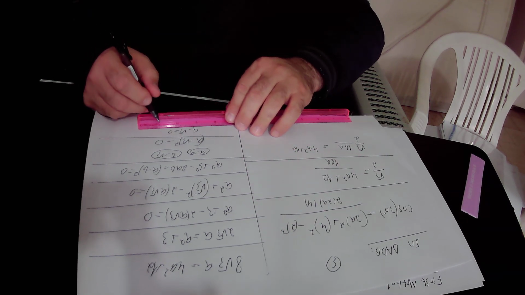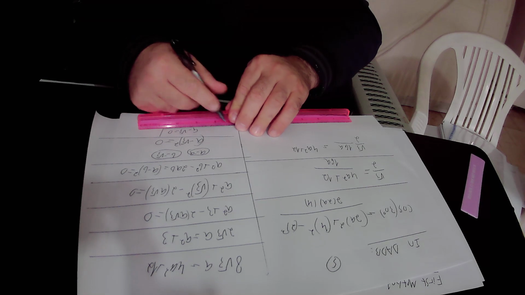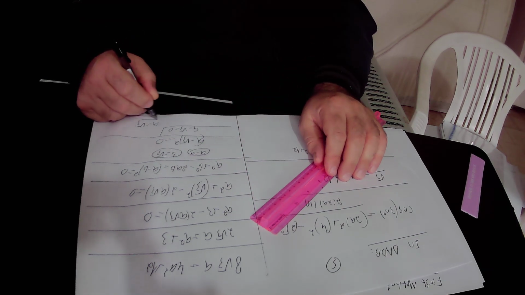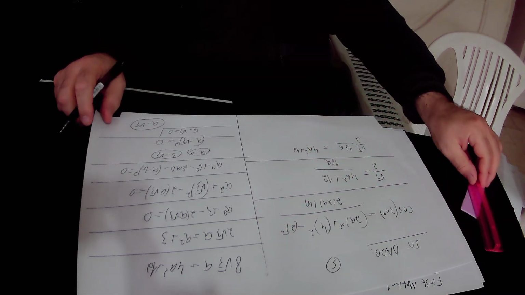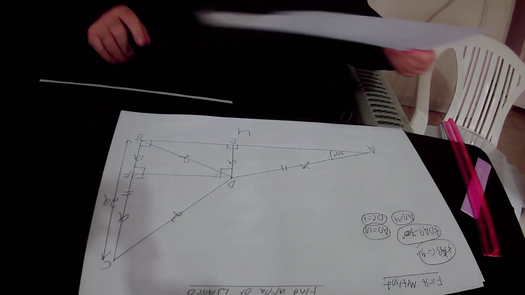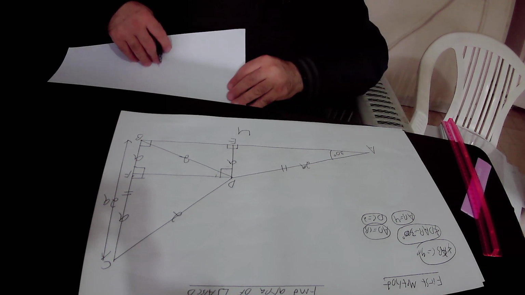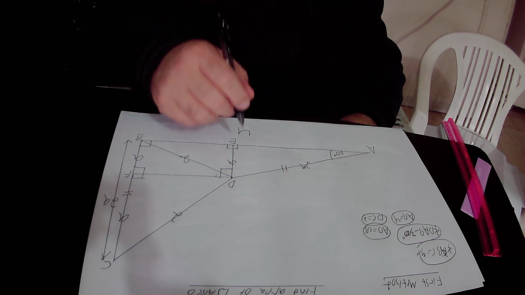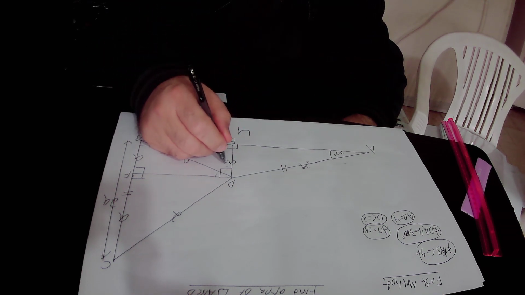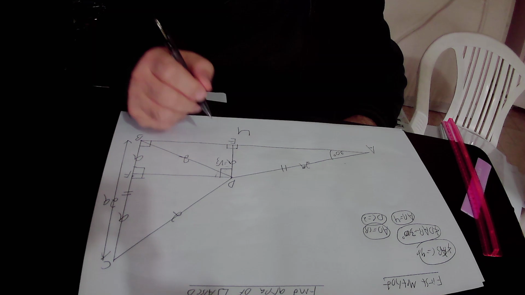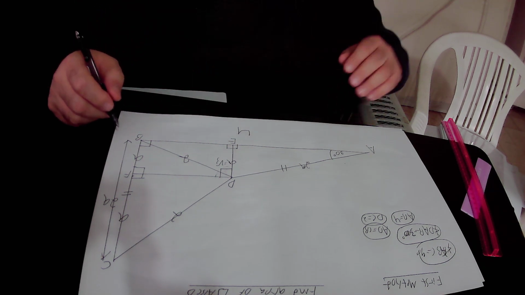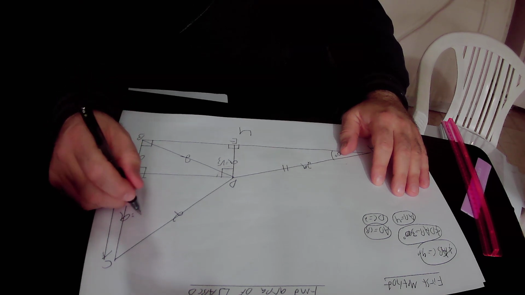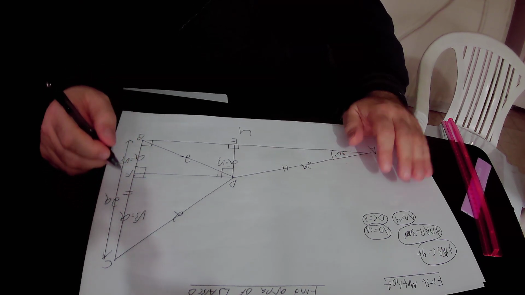Here we will add square root of 3 to this equation, and we will get that A equals square root of 3 units. So we can write here that A equals square root of 3 units, and also here A equals square root of 3 units.